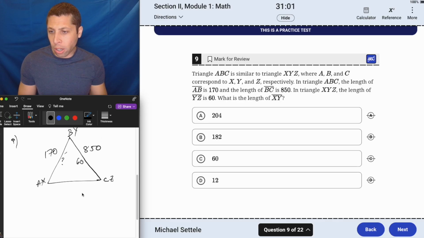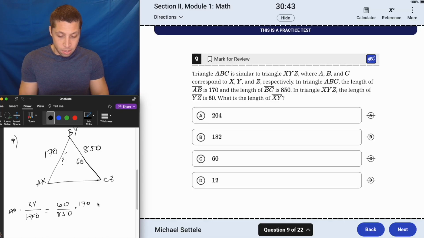I could have easily drawn two triangles, but I like this because it lets me set my thing up, right? So XY is what I want to know. That matches up with the 170 in the same way that 60 matches up with the 850. So let's just multiply both sides by 170, crosses out, crosses out. 60 times 170 divided by 850 is 12. All right.